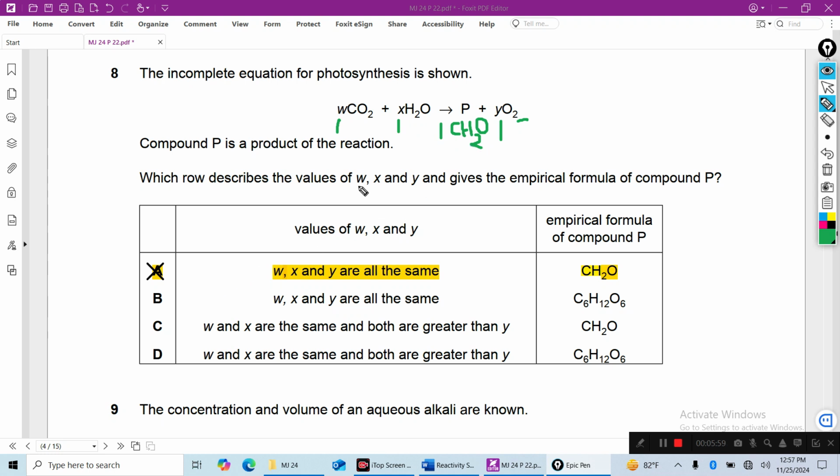So W, X and Y are all the same, 1, 1, 1: 1 mole of carbon dioxide, 1 mole of water and 1 mole of oxygen. So A is the correct answer.